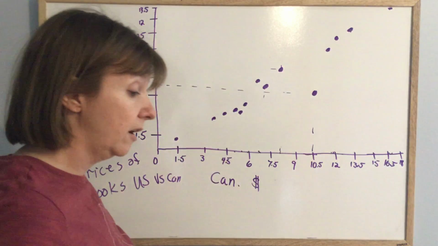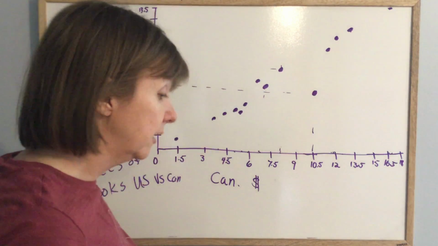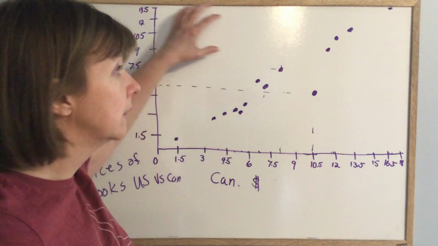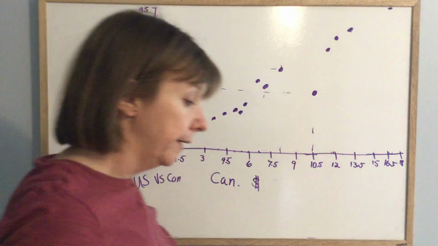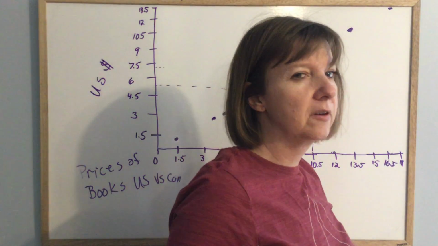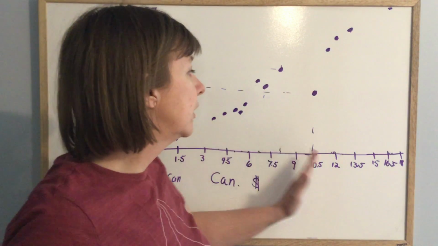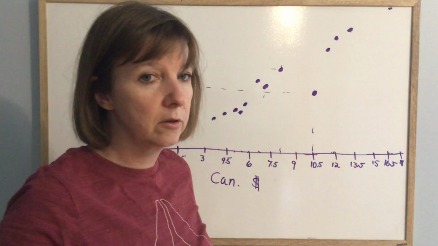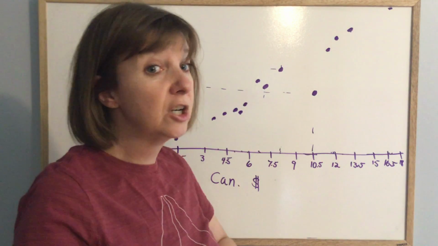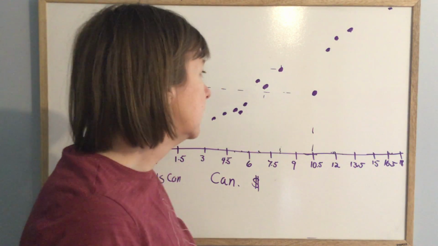Okay, that would be the title. Technically, the title should go up here somewhere. I'm not as much of a stickler for the title, but you have to label your axes. You have to label what each square is worth. If those aren't there, you don't get points.